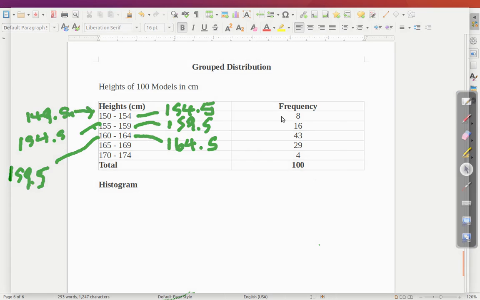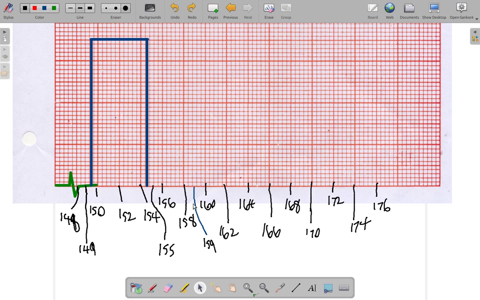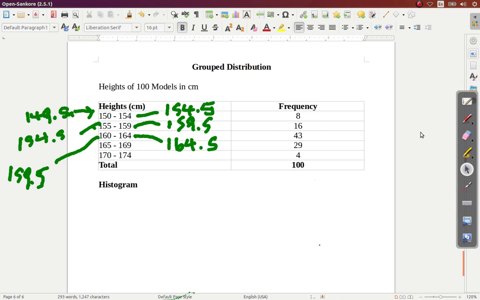Halfway between 159 and 160 would be our 159.5. So we have the bar halfway between 159 and 160. Use thicker lines. And we go up. You see that? And that bar would go up to 16, wherever that ends.